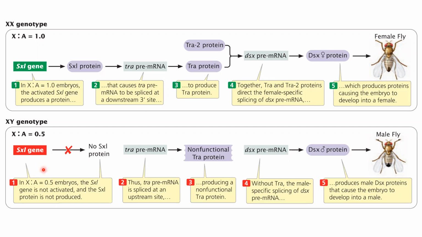X to A 0.5: no SXL protein. In absence of this, no functional TRA protein, and in absence of functional TRA protein, we are getting the default double sex pre-mRNA and the default double sex male protein, and we are getting a male fly.